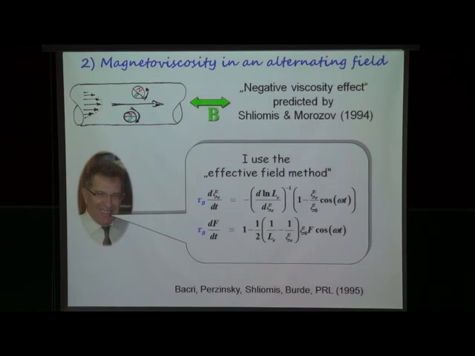Together with Konstantin Morozov, he wrote an article in 1994, Negative Viscosity Effect. They predicted that if you have an alternating field with a certain frequency, you should be able to put energy into the flow, so that these tiny magnets are kind of nano motors which speed up the flow.